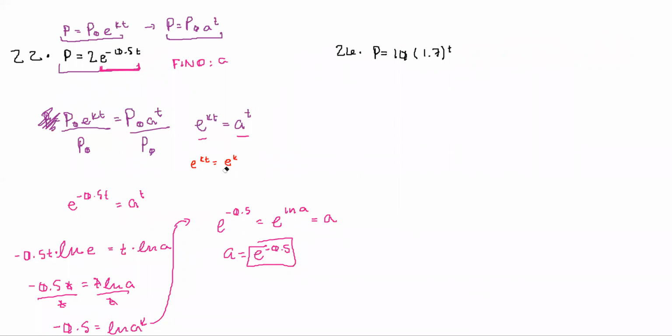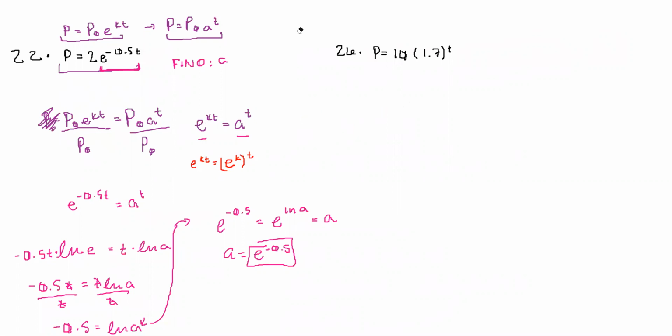That was incorrect. I screwed up my rules of exponents. I'm sorry. If I were to have e to the k times e to the t, this would be e to the k plus t, as we just established. In order to get it in the correct form, it would be e to the k to the t, right? So taking the power of something that's been taken to a power.